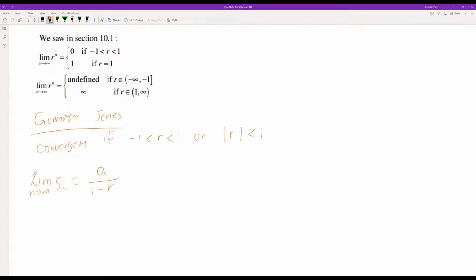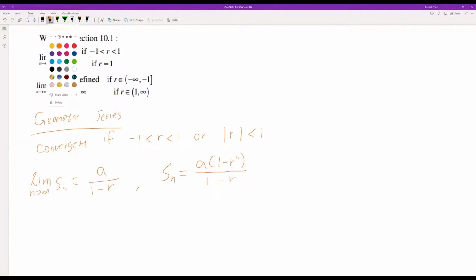Now, if you're interested in how we get this, in the textbook they show you all the steps and how to derive, using partial sums and taking the limit to infinity, that the sum of a geometric series comes to a over 1 minus r. Furthermore, we also have a formula for the partial sum of the geometric series, which looks like this: a times 1 minus r to the n over 1 minus r.